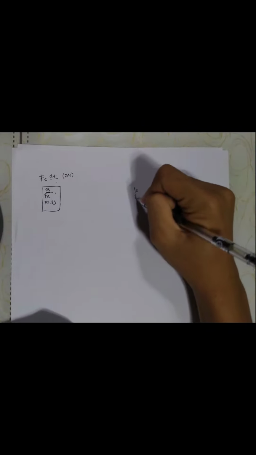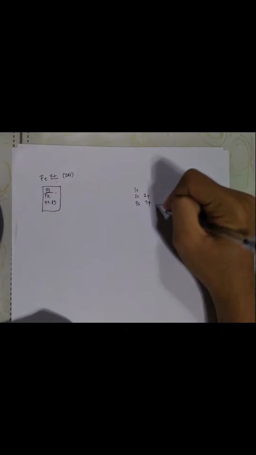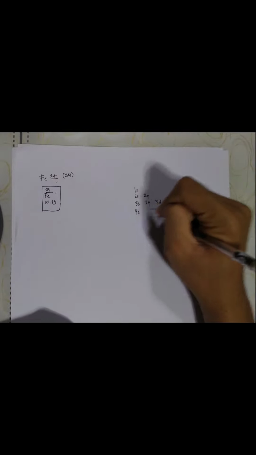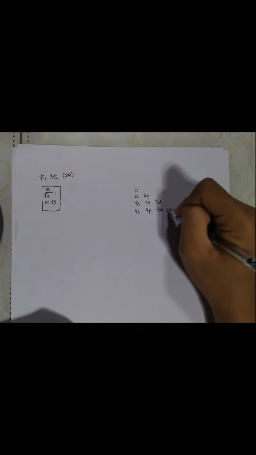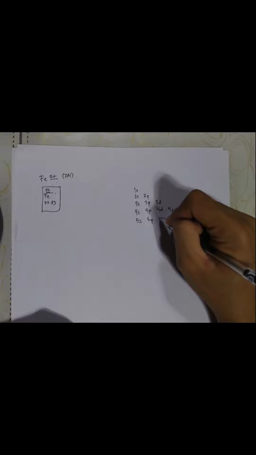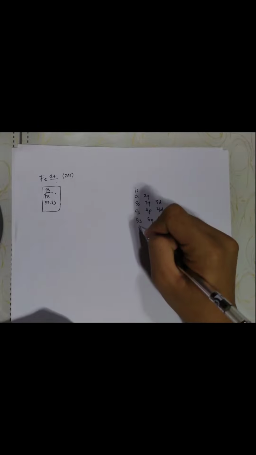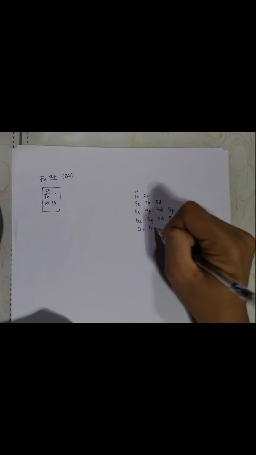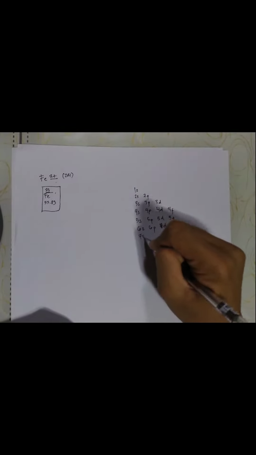So let's make our list again: 1s, 2s, 2p, 3s, 3p, 3d, 4s, 4p, 4d, 4f, 5s, 5p, 5d, 5f, 6s, 6p, 6d, 7s, 7p, then 8s.